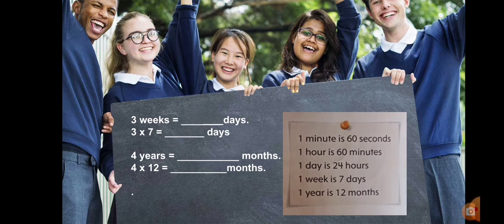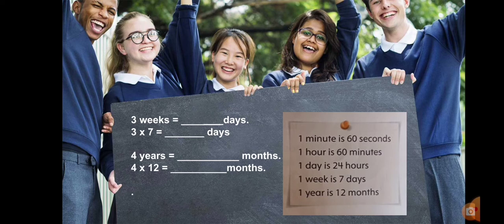Statement number 4. 3 weeks is equal to how many days? Like, how many days do we have in 3 weeks? So first of all, you have to tell me how many days we have in 1 week. In case you have given the right answer, I really appreciate it. In case you have given the wrong answer, still no problem.